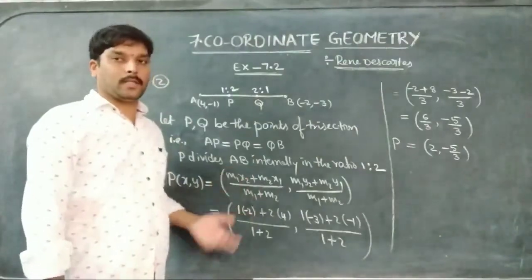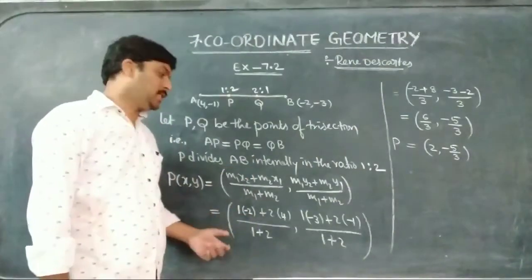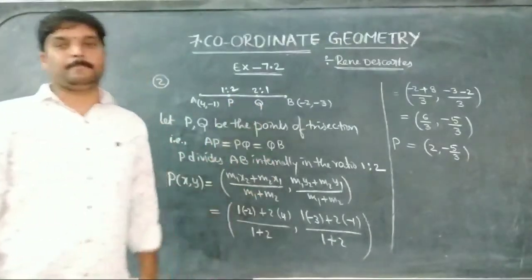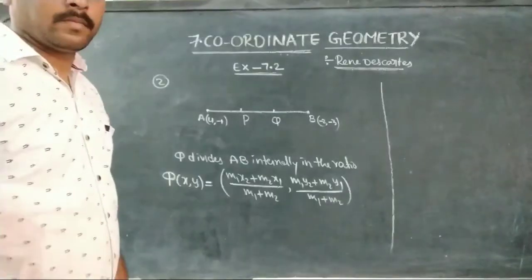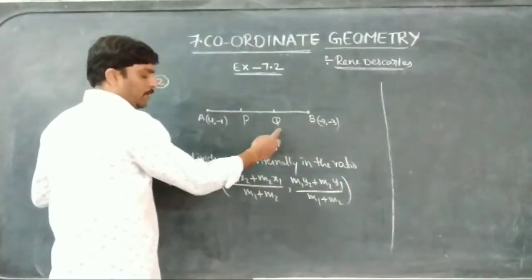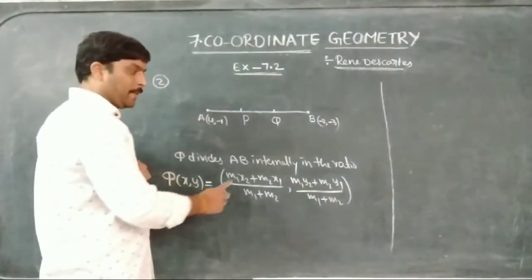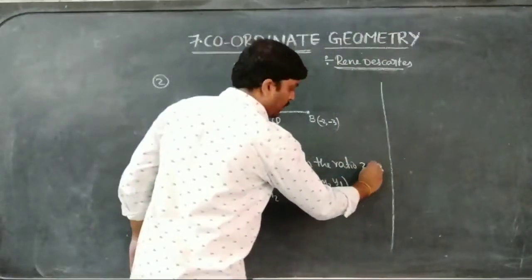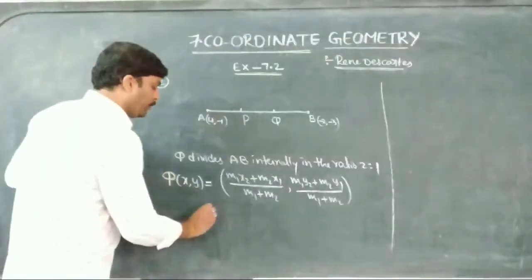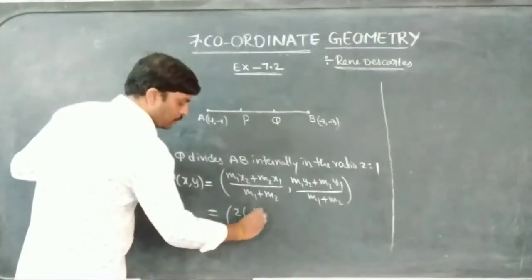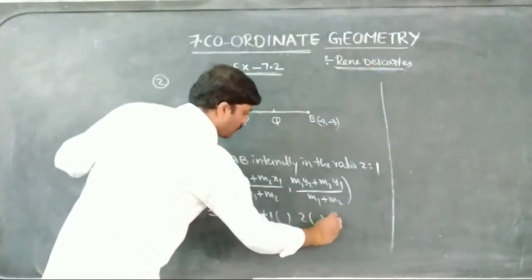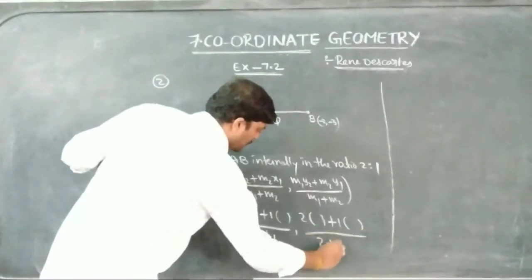Similarly, we will do Q also. We need to find Q also because P and Q both are the points of trisection. Now A (x1, y1), B (x2, y2). Q divides AB internally in the ratio 2:1. So m1 is to m2 is 2:1. We need to find 2 into x2 plus 1 into x1 by 2 plus 1, and 2 into y2 plus 1 into y1 by 2 plus 1.